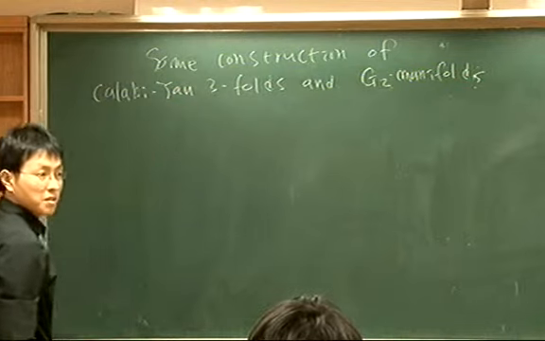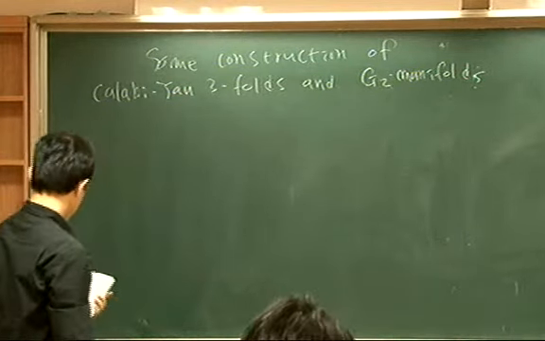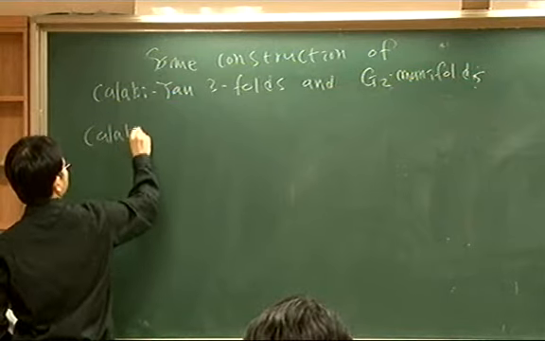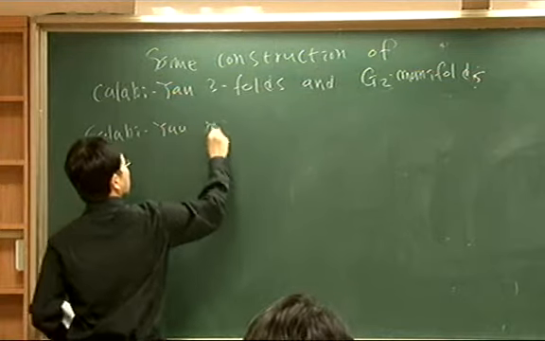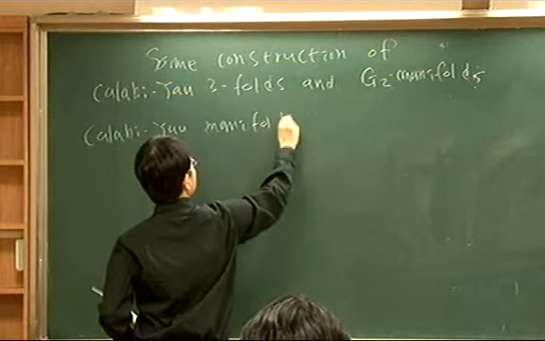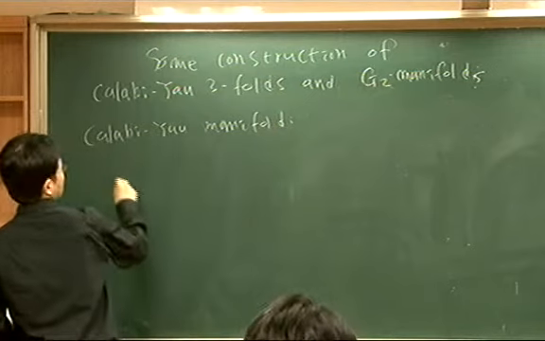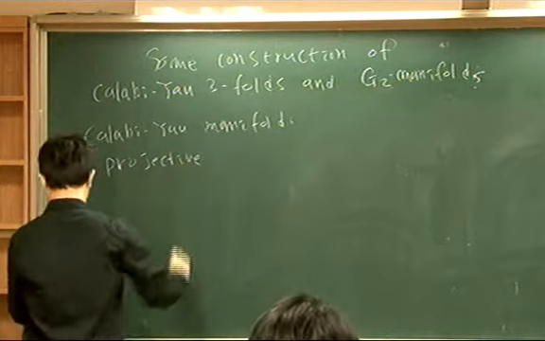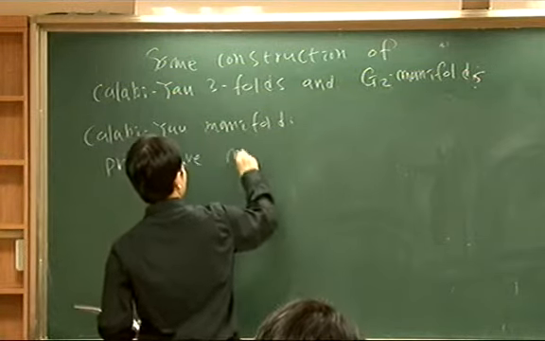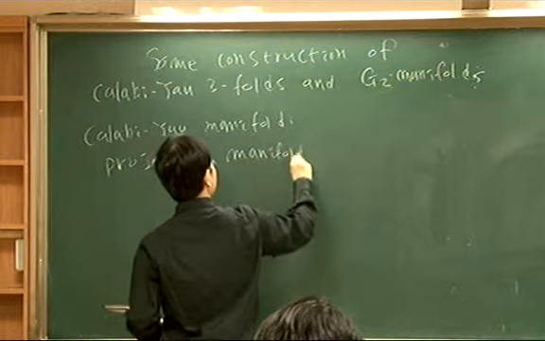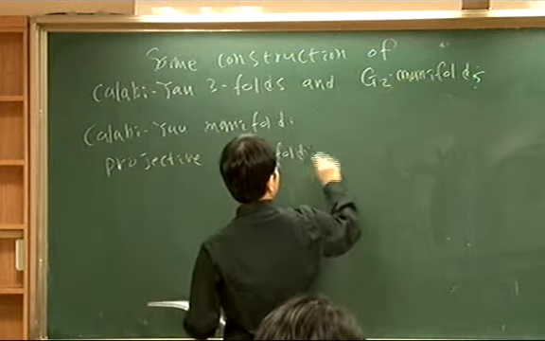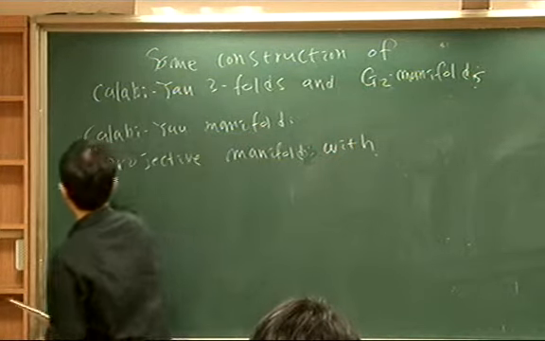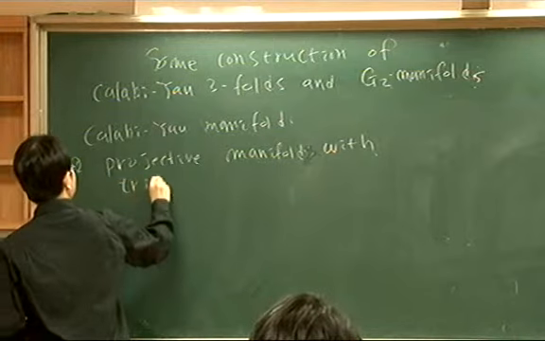Okay, so let me start with the definition of those objects. Firstly, the Calabi-Yau manifold is a projective manifold with trivial canonical class.